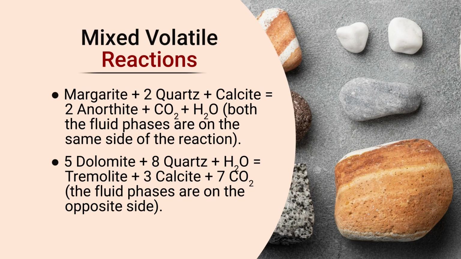Here, the fluid phases, CO2 and H2O, are on opposite sides. They are called mixed volatile because there are two volatiles, and these can occur either on the reactant side or product side, or equally divide themselves on both sides of the same reaction.